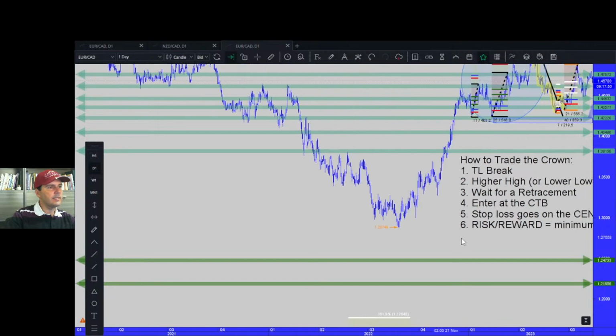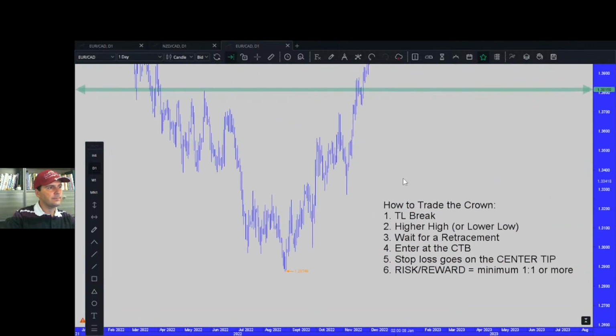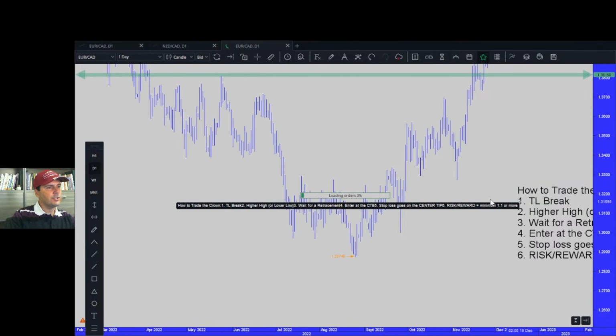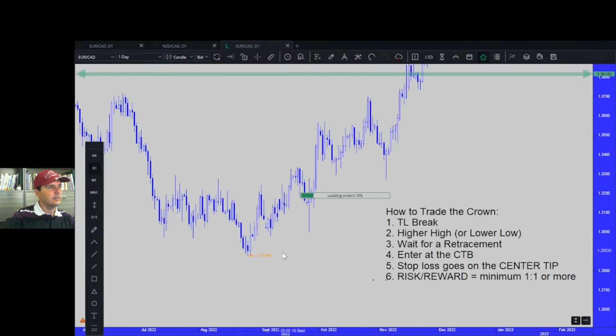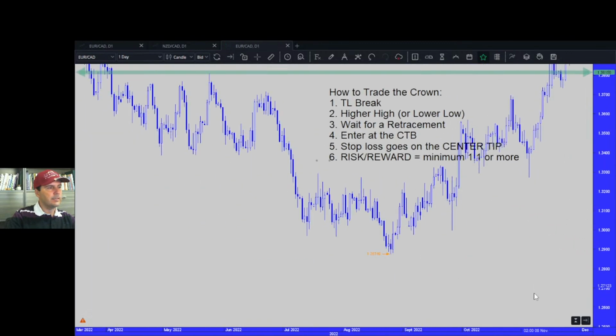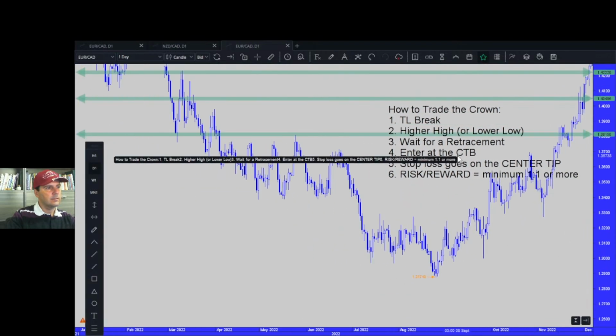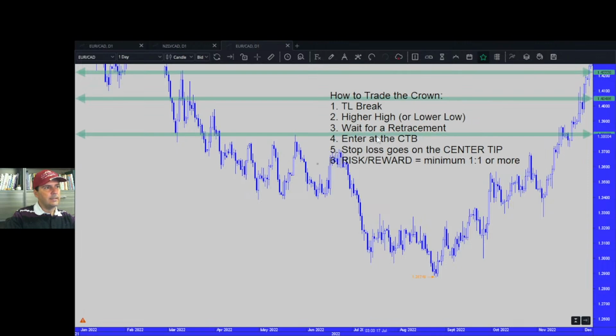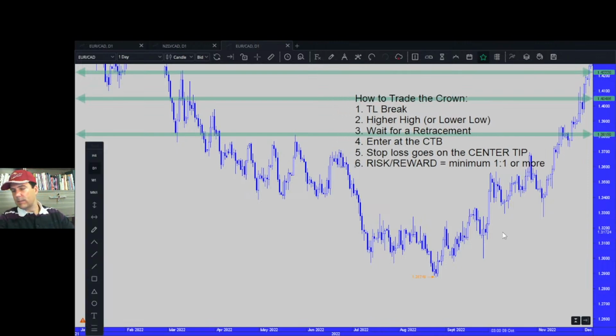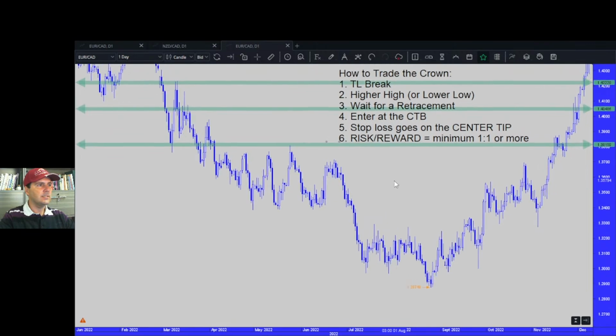Alright, so back in time. Just an example. Remember, now we are not talking about analyzing anymore. Is a retracement compulsory after the break? Yes, sir, it is.